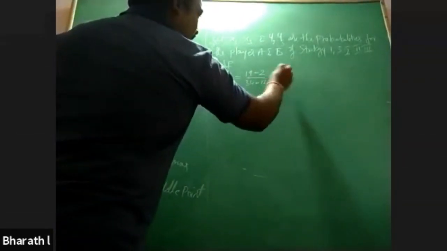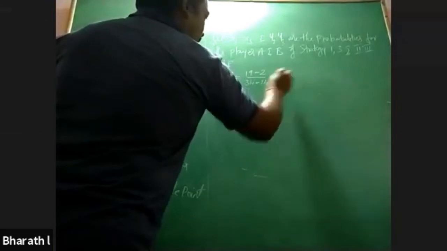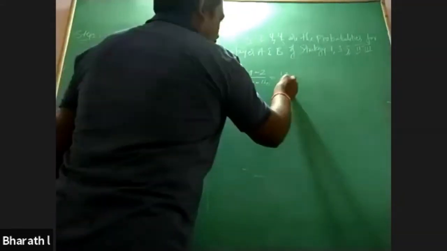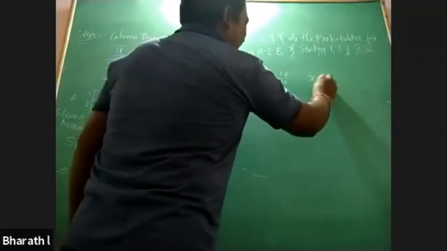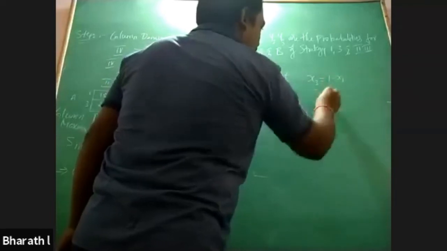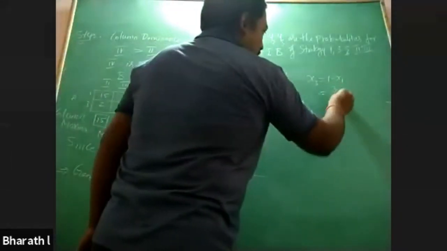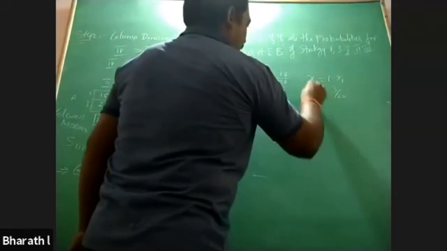We will get 17 divided by 34 minus 14, we will get 20. Therefore, x3 is nothing but 1 minus x1. If you substitute, you will get 3 by 20. This is the x3 value.